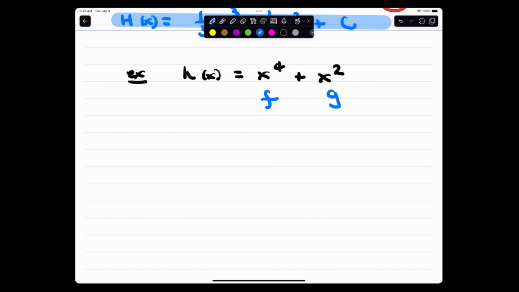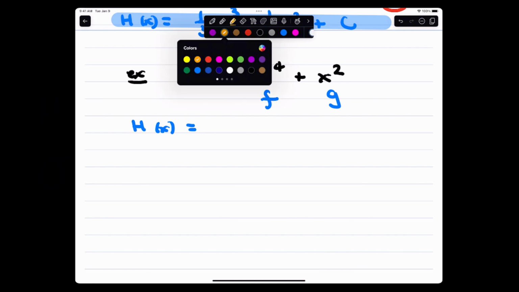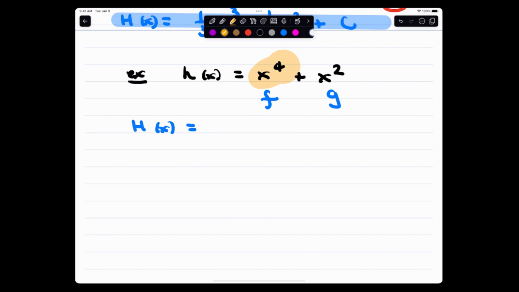It's a sum. Now, antiderivative notation. What do you do for each one of these? Do you guys know? You're going to do the antiderivative for x to the 4th. You'll do the antiderivative of x squared. You do them separately.